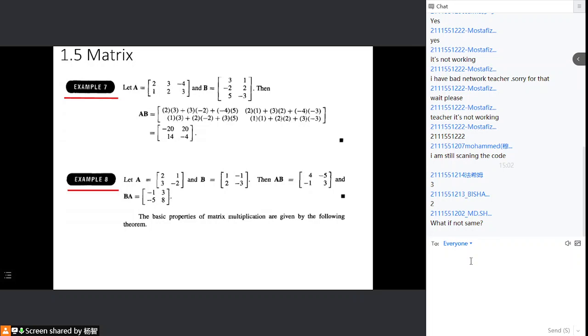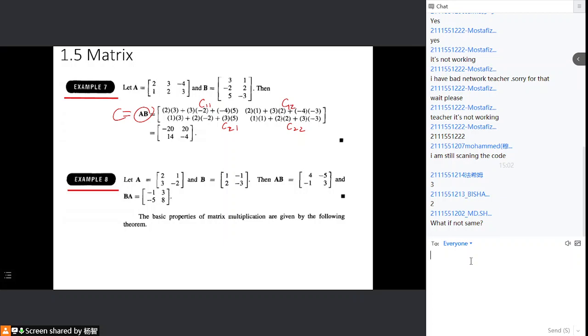Okay, look at example 7. The matrix A and the matrix B are multiplied together. If C equals A times B, we can say this is C11, this is C12, this is C21, this is C22.